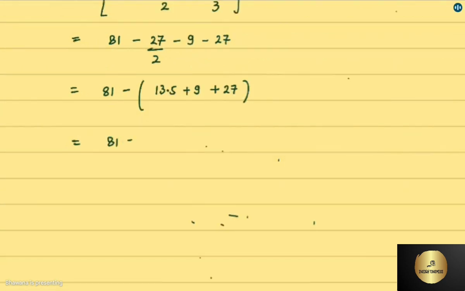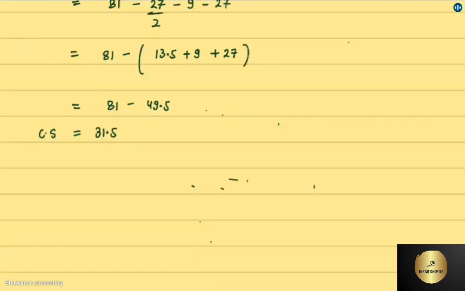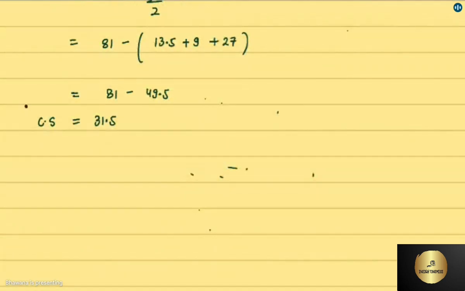So you will get 81 minus 49.5. So your consumer surplus is equals to 31.5. So in this particular demand function, you will get a consumer surplus which is equals to 31.5.